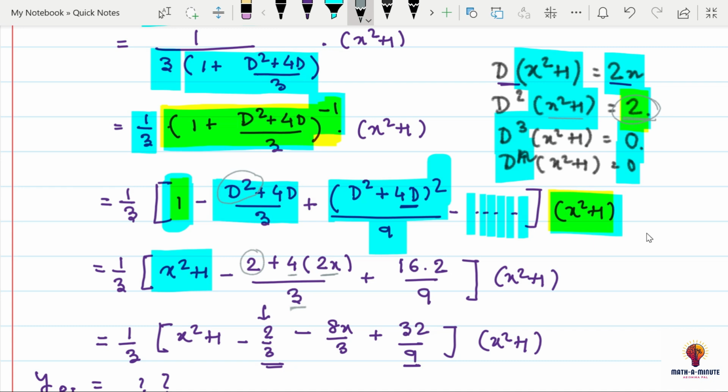In the third term, this value will be 16 D square, and the value of D square of x square plus 1 is 2. So we can directly put 2 here divided by 9. We don't need to write x square plus 1 here.